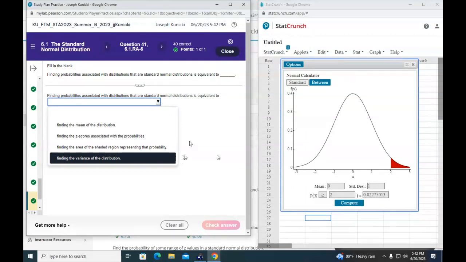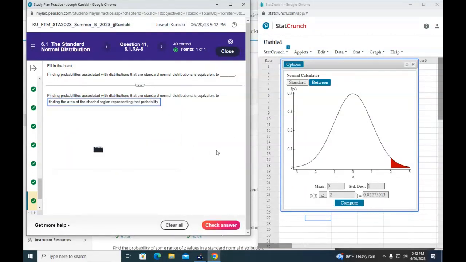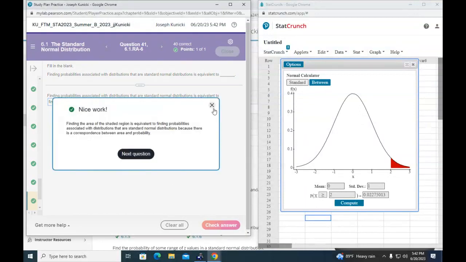No, probabilities are associated with area. Area. Okay. Probabilities and area are equivalent. Yep. It's okay.